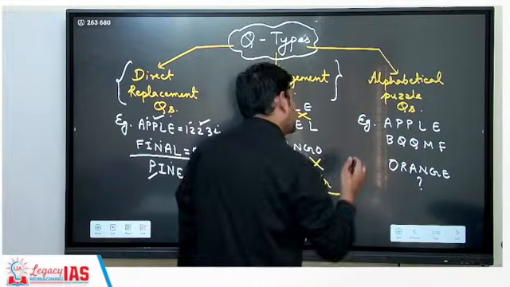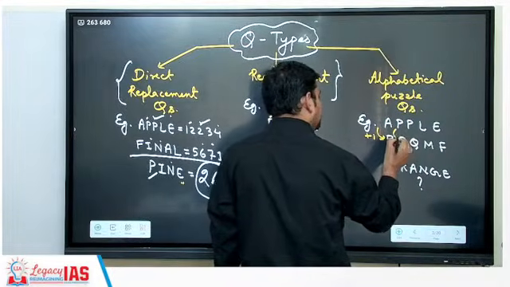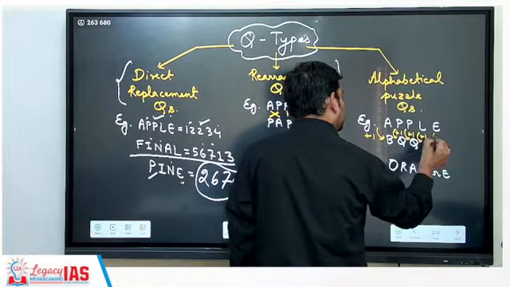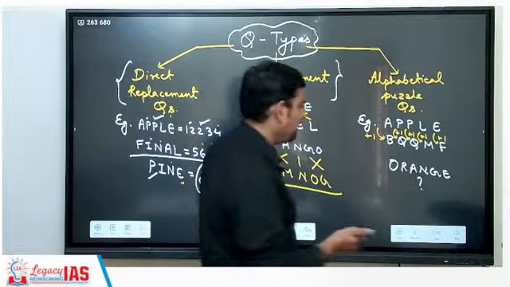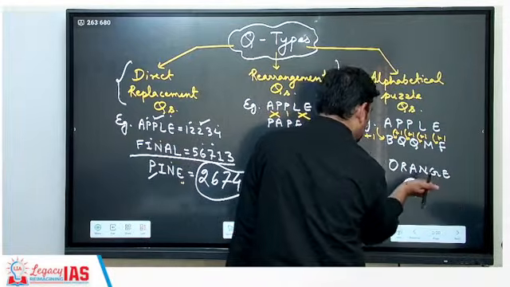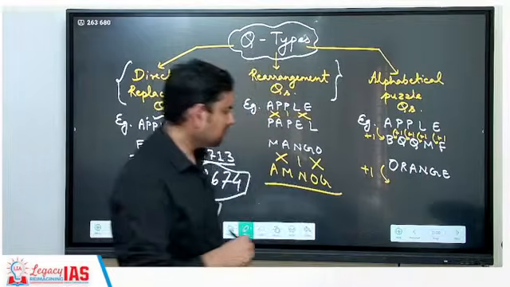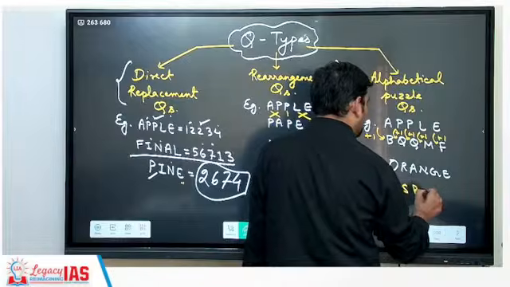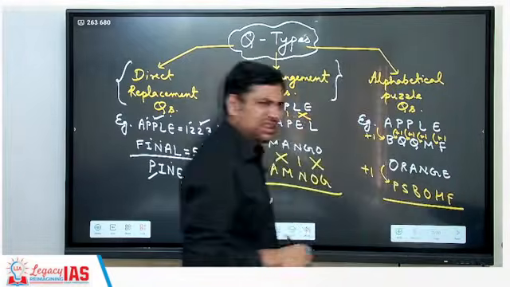You can see the pattern very easily. A plus 1 is B, then P plus 1 is Q, P plus 1 is Q, L plus 1, E plus 1. So the pattern is plus 1 throughout. If I were to write orange, it will be plus 1 in all of them. O will become P, R will become S, A will become B, N will become O, G will become H, E will become F. This becomes the answer.